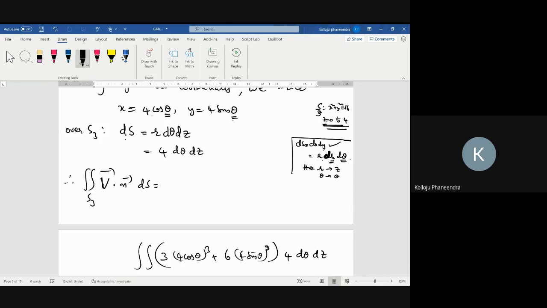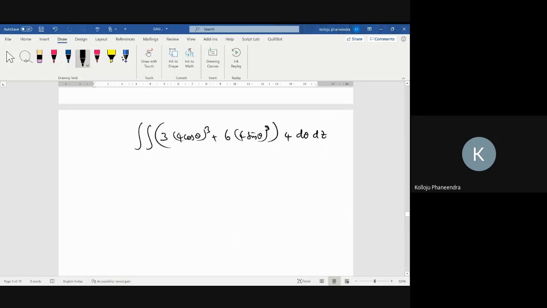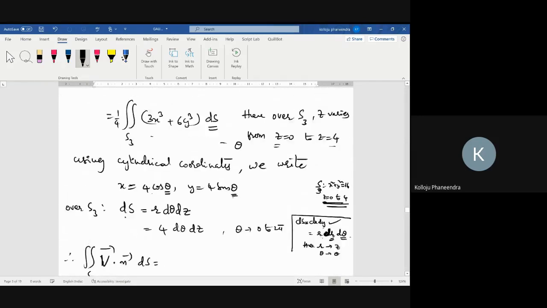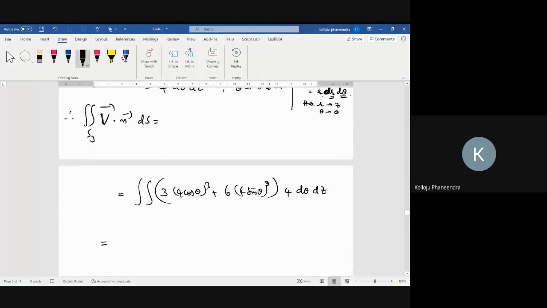And theta varies over the circle from 0 to 2 pi. Only 3 and 6, I have written correctly.